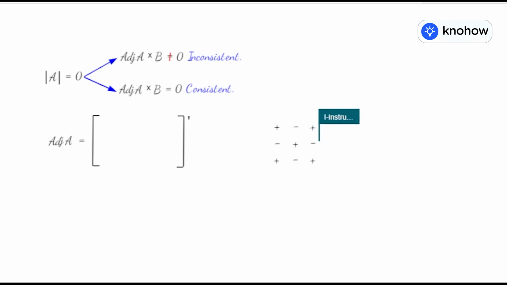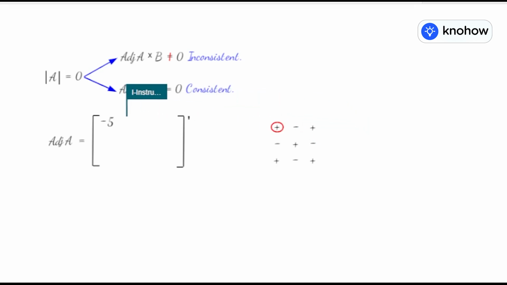You have been doing it. So now for A11, the first element is 3 in the first row, first column. Delete the row and column through it. What do you get? 0, minus 5 and minus 1, 5. So 0 minus 5, you get minus 5 with the plus sign, so it will be minus 5.